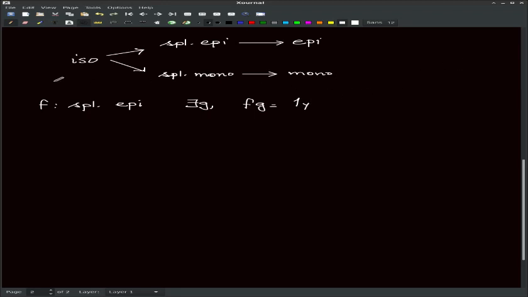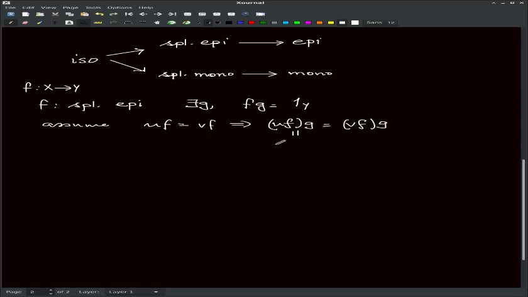Now assume that UF is equal to VF. Then I compose with G. So this implies UFG is equal to VFG, but this is associative.